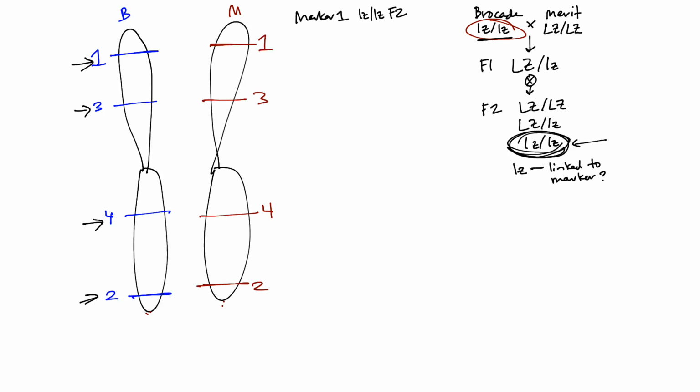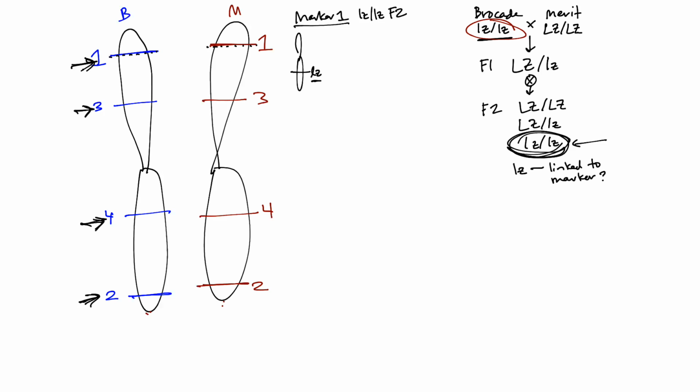If you have inherited a chromosome that has the LZ mutation on it somewhere, it's also going to have all 4 of these other genetic regions or other markers. And we want to ask, for marker 1, does little LZ tend to stay linked with the Brocade version of that marker, or does it also associate with the Merit version of that marker?